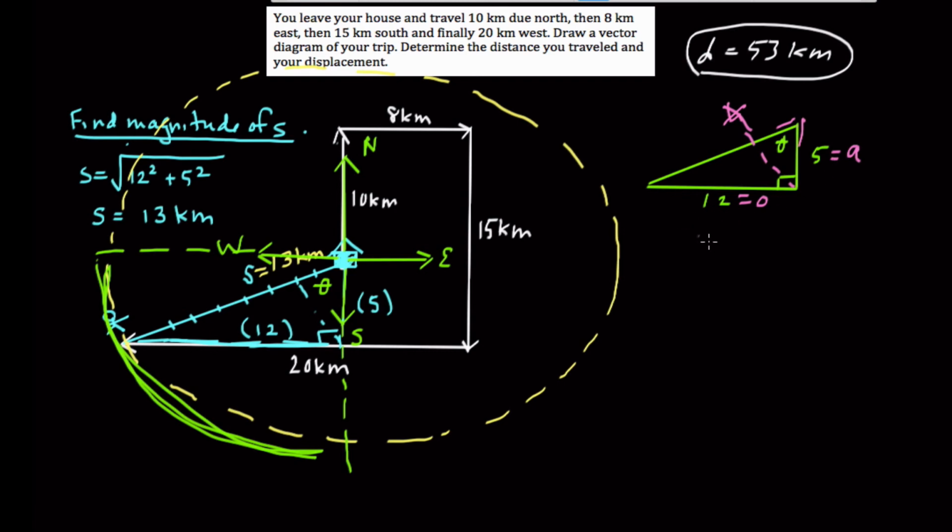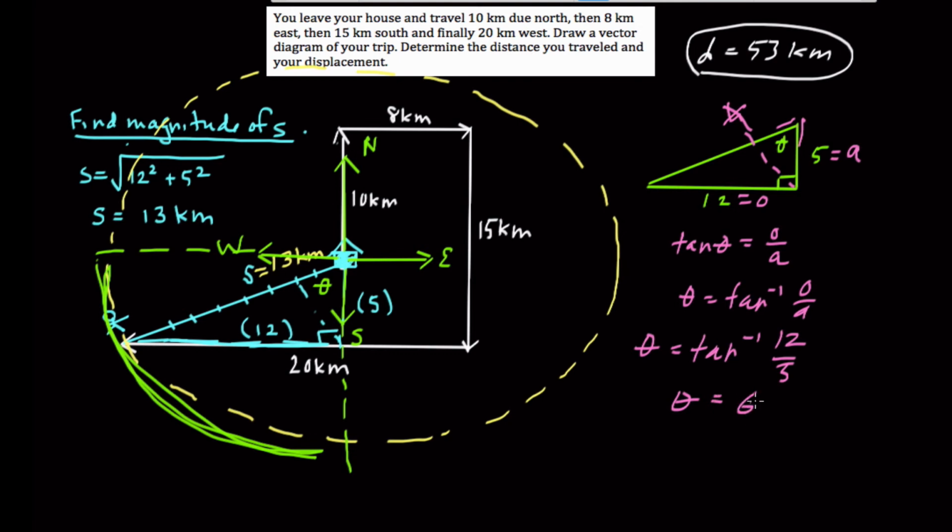What trig function has opposite and adjacent in it? The tangent function. Tangent of theta is opposite over adjacent. I don't want to know the tangent of theta. I want to know theta. So theta is going to be the inverse tangent of opposite over adjacent, which is the inverse tangent of 12/5. And when you solve for that, you get 67 degrees.